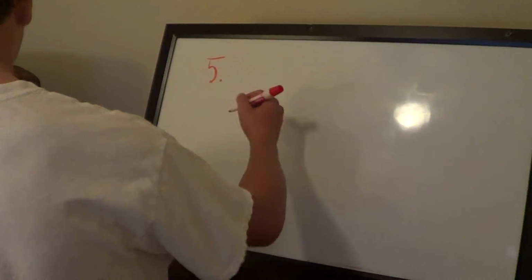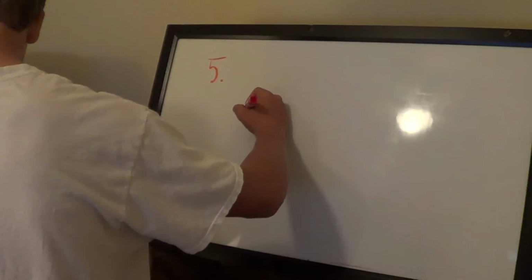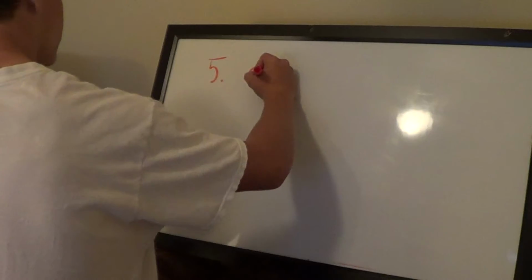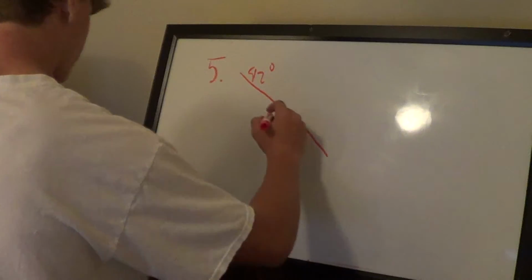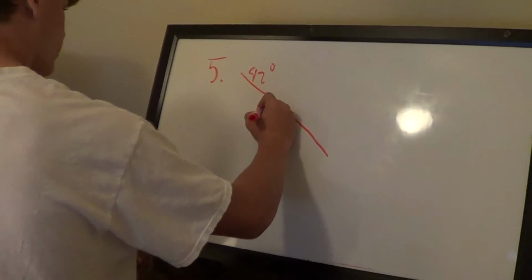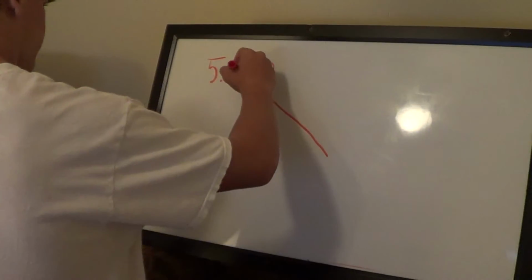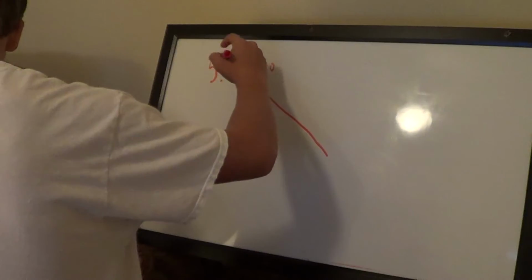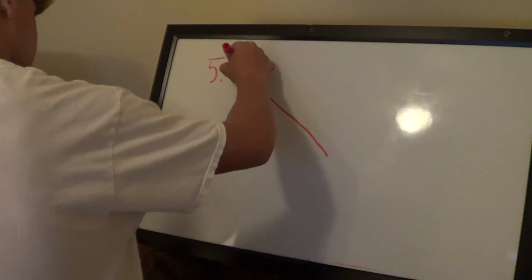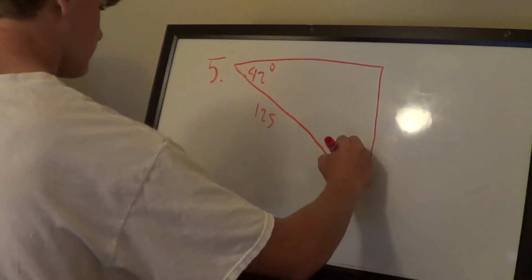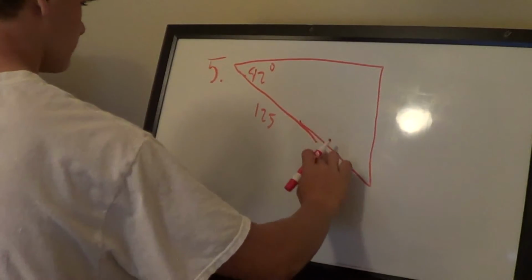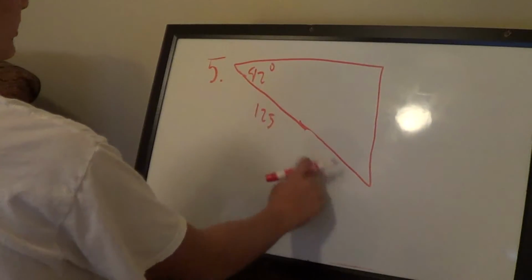Alright, so we set up the triangle like this. 42 degrees would be the angle of decline. This would be 125 for the feet of cable. That's 125 right here.